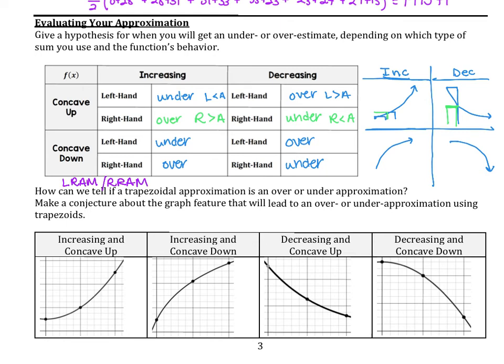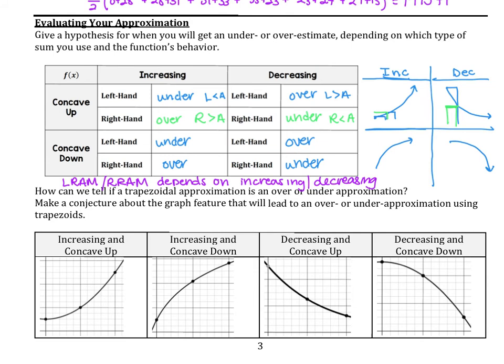Hopefully, you would say that the left and right approximation depends on whether the function is increasing or decreasing. It doesn't really matter its concavity. If the function's increasing, the left hand is always under and the right is always over, an overestimate.